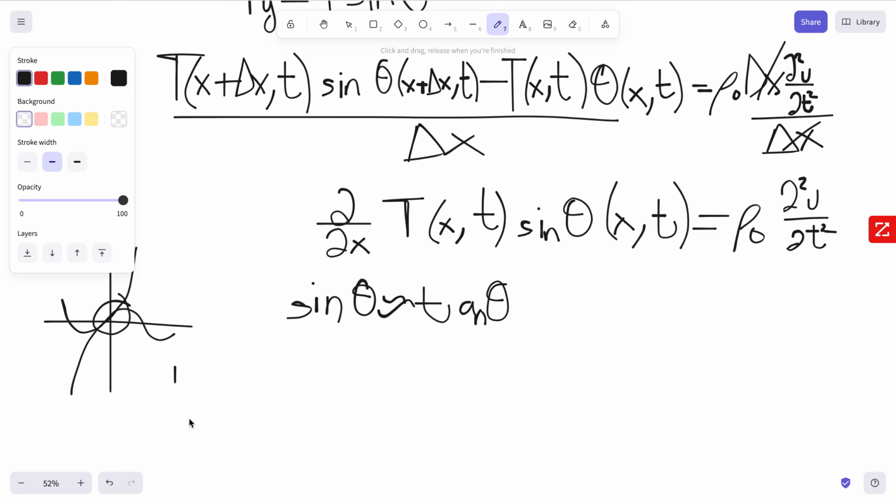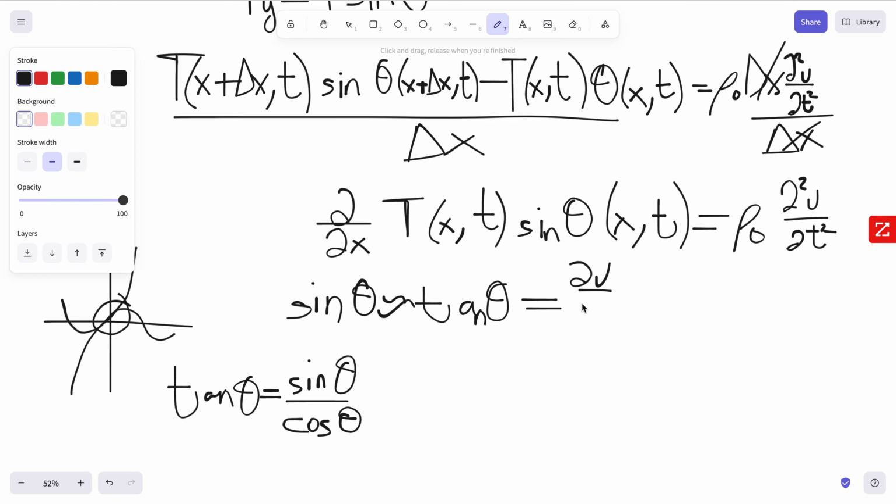But also another way to think about it is tan theta equals sine theta over cosine theta. And at very small angles, very close to 0, cosine theta is around 1. So then tan theta is around sine theta. And tan theta, because it's the slope, dy over dx, or in this case, partial u, the y position, divided by partial x, the x position.